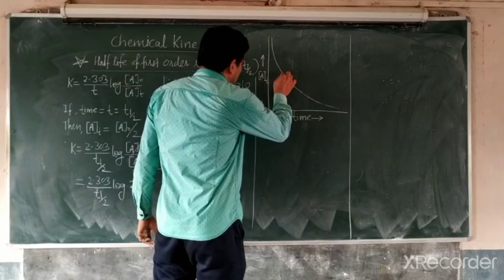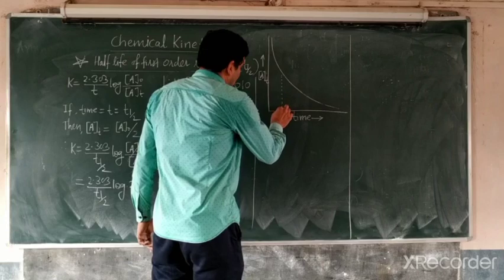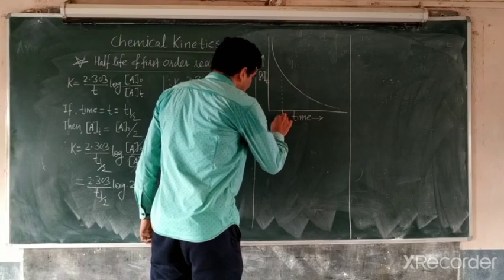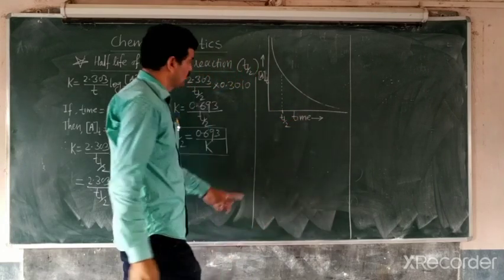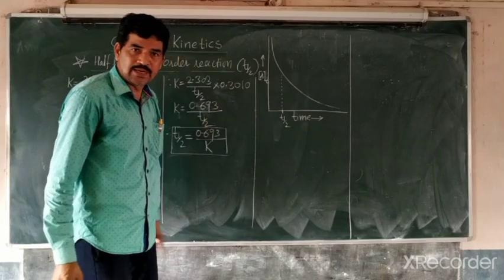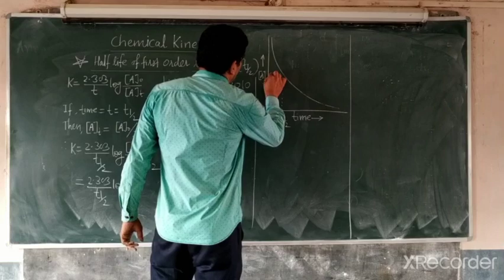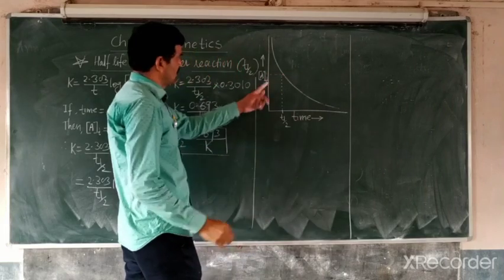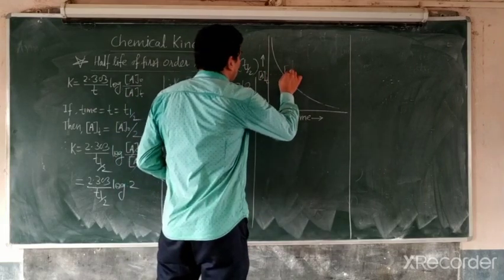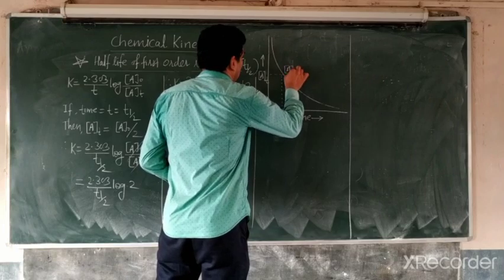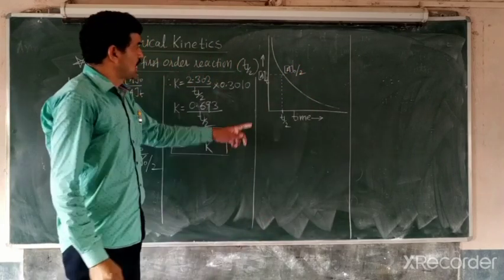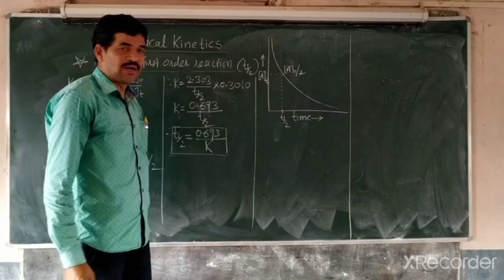Now here on the time axis at a particular point if time is equal to t1 by 2, that is the half-life period is completed here. Then after the completion of half-life period, the concentration of the reactant will here become equal to A0 by 2. Concentration remaining behind will be A0 by 2.